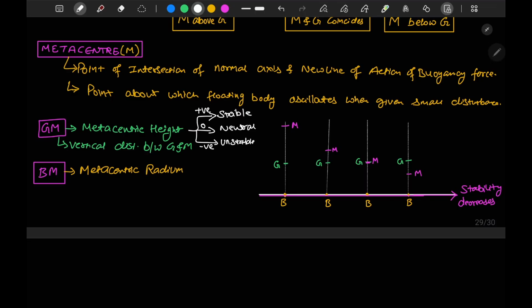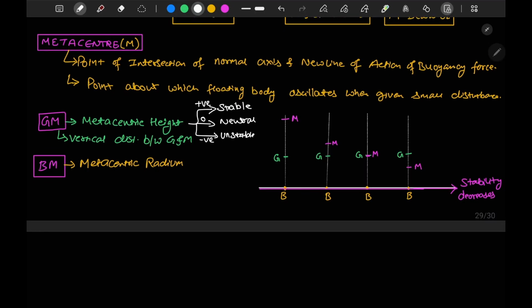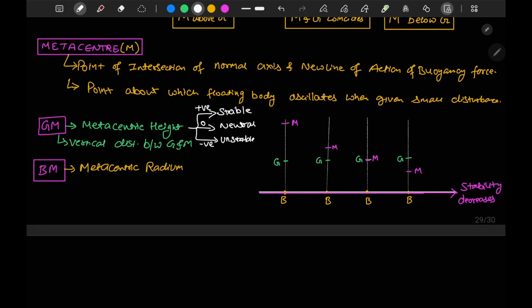Now as I mentioned BM here, this is BM, this is BG. So from here I can refer to three more points: if your BM is greater than BG, or your BM is equal to BG, or BM is less than BG.